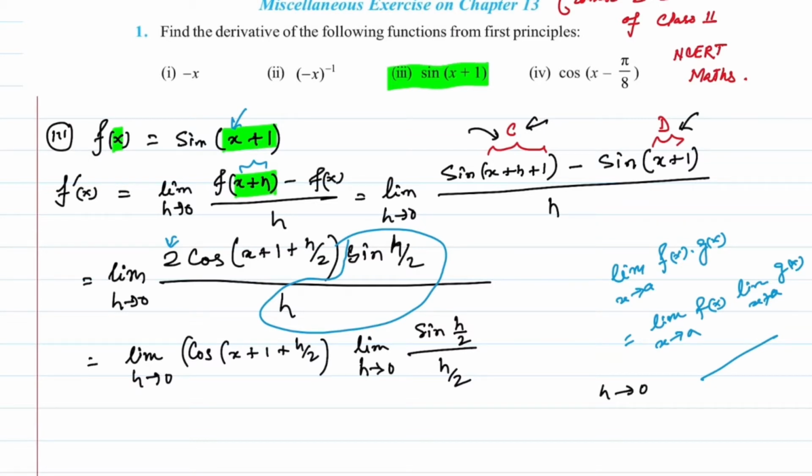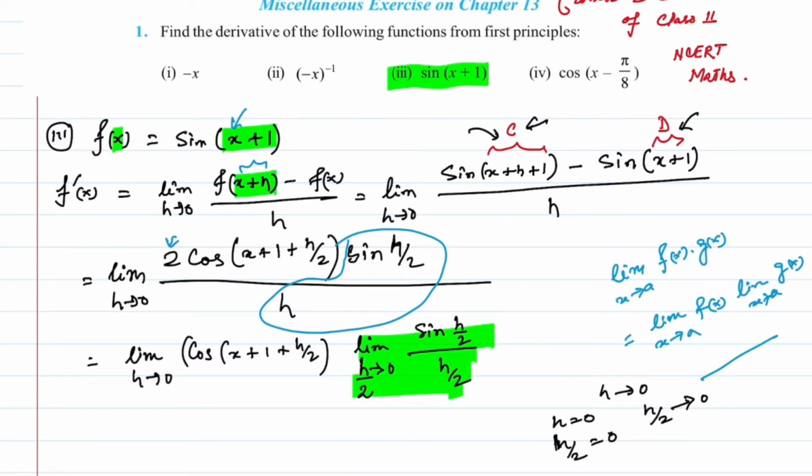Now when h tends to 0, h by 2 also tends to 0, because when h is equal to 0, h by 2 is equal to 0. So instead of h tends to 0 we can write h by 2 tends to 0, because this is a standard form.